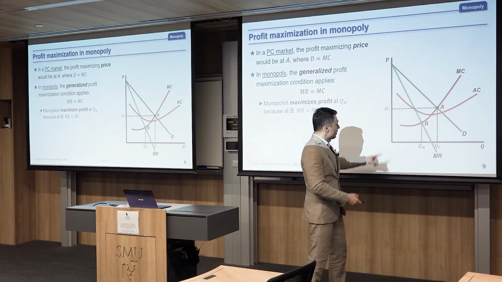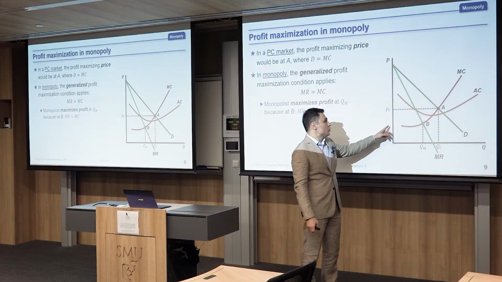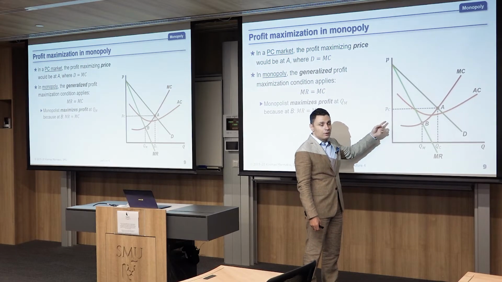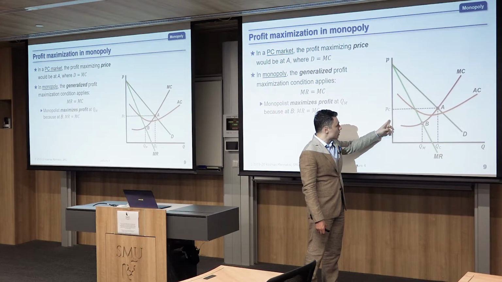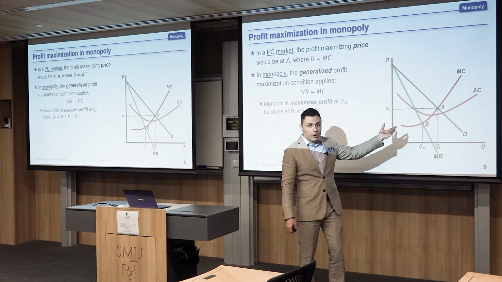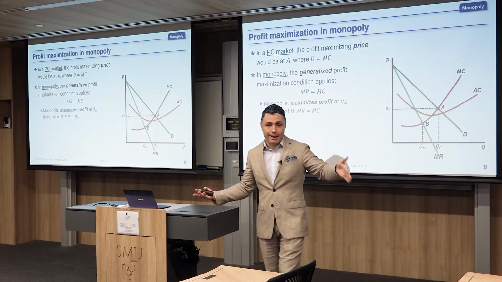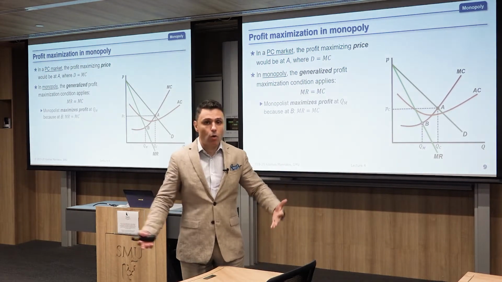Very wrong. If you just look at the graph a little more carefully, if you insist on that, you will see that the perfectly competitive firm will charge more than the monopolist. How is that possible? This doesn't make any sense. So it must be wrong, and indeed, it's definitely wrong.